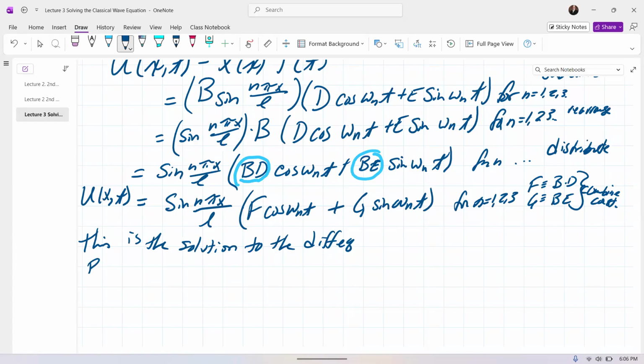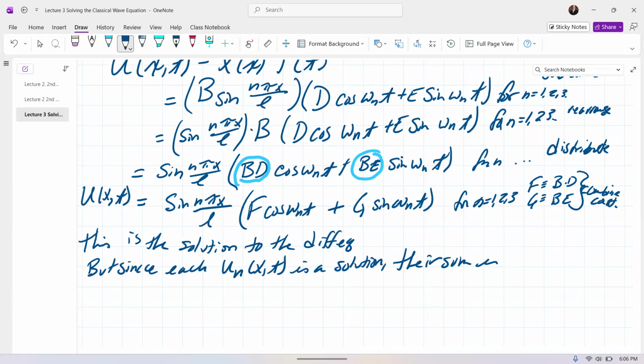But since each u sub n of x and t is a solution, so too their sum is also a solution. So we can write the sum like so.